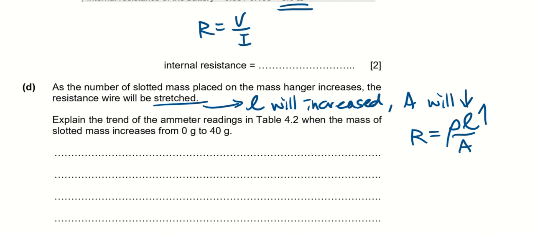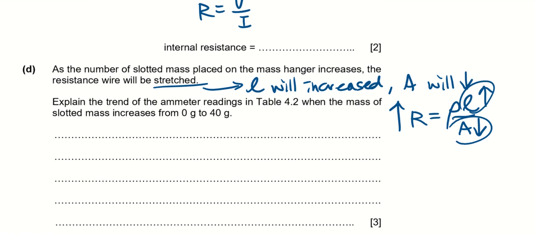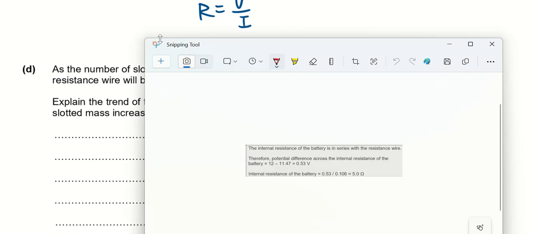The length will increase, cross-sectional area decrease, which means my resistance should increase due to these two factors. They want us to explain the trend of the ammeter reading in table 4.2 when it increases from 0 grams to 40 grams. So I just bother with the 0 gram to 40 grams data. Let's take a look at the answer.